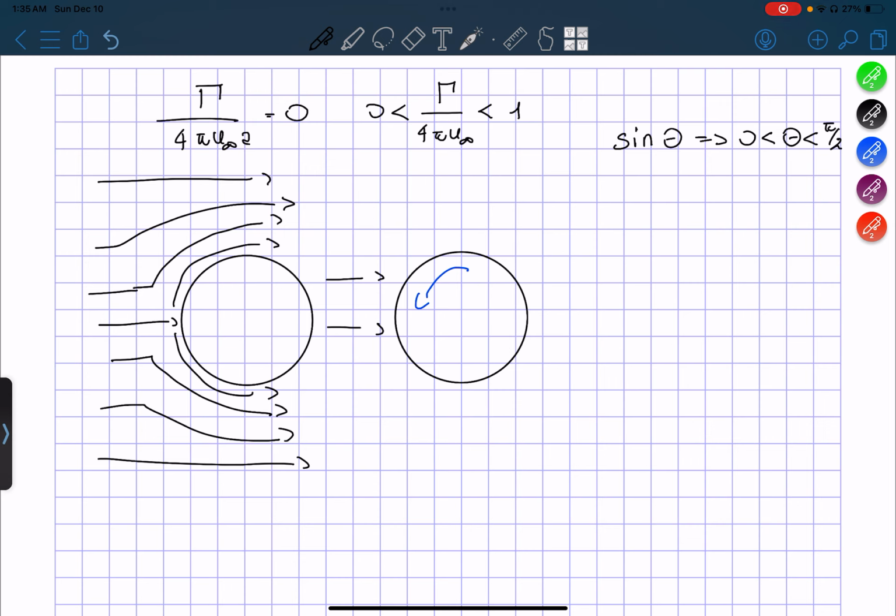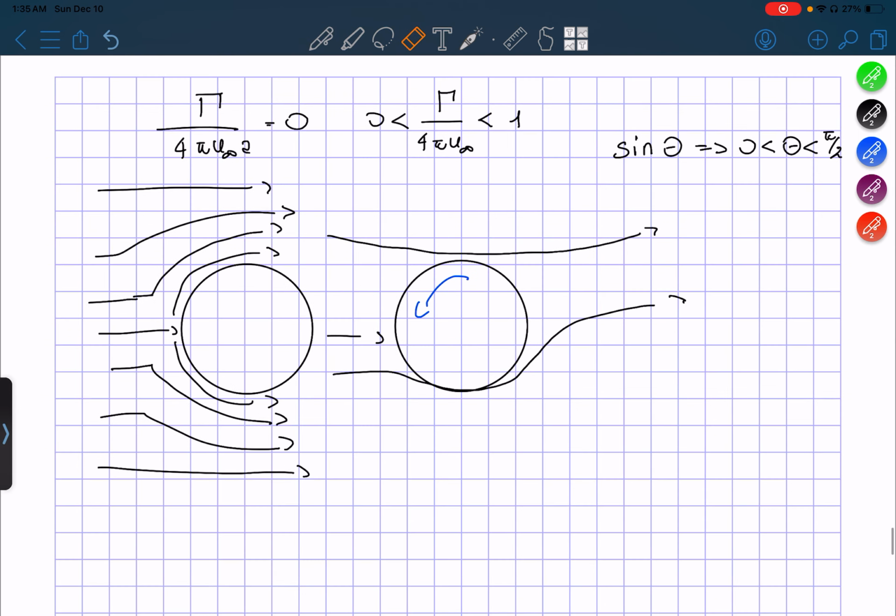But since we have rotation, it actually follows the object more, and then it goes up here. And then on top, we have something that touches and leaves like this. And then for some other flow coming like this, it just hits it, and then it's gonna have to go down and do this. So our theta will be between 0 and pi over 2.